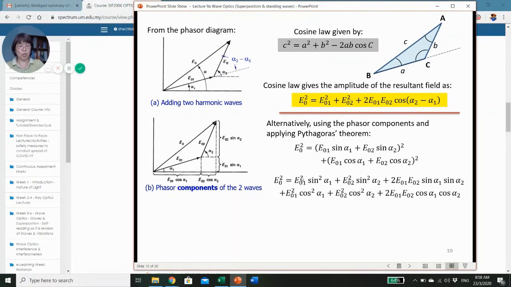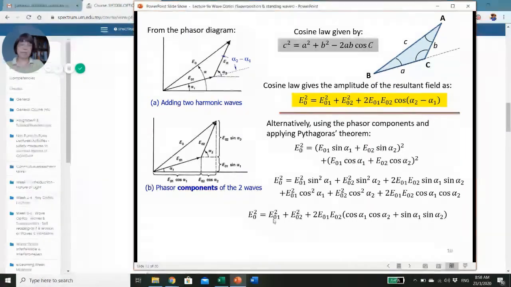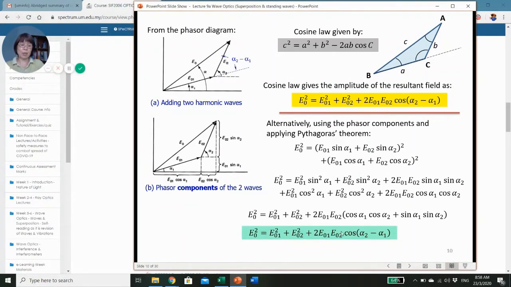So you get E01 squared plus E02 squared plus 2 E01 E02 times (cos alpha 1 cos alpha 2 plus sine alpha 1 sine alpha 2). And this expression, from trigonometry identity again, is equal to the cosine of the difference of two angles. So you see, this expression and this expression are the same.